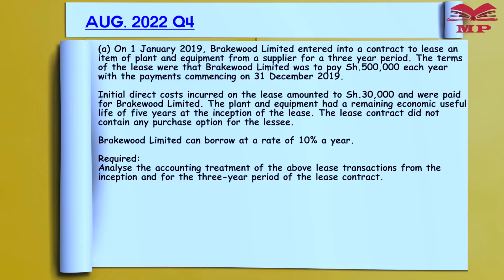The plant and equipment had a remaining economic useful life of 5 years at the inception of the lease. The lease contract did not contain any purchase option for the lessee. Breakwood Limited can borrow at a rate of 10% per year. Required: analyze the accounting treatment of the above lease transaction from inception for the 3-year period of the lease contract.